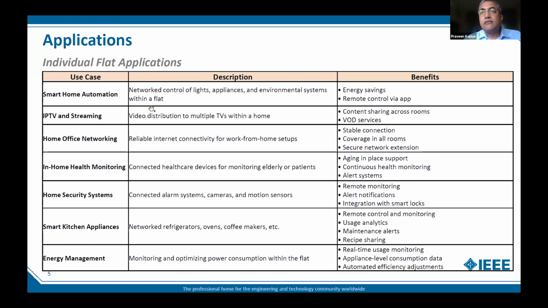So with one gateway, Wi-Fi on one side and PLC on the other, the whole home can be automated using PLC. PLC is a very good option for home automation.